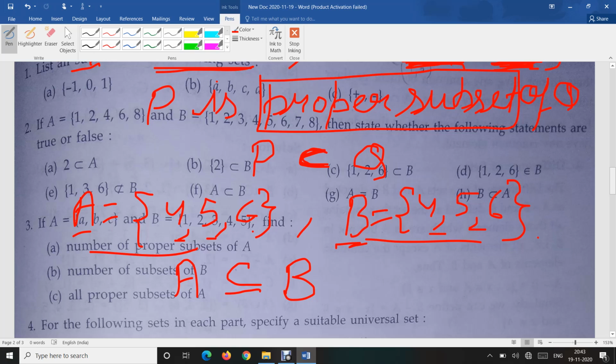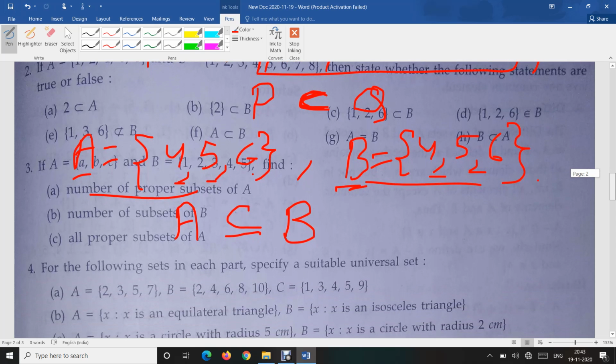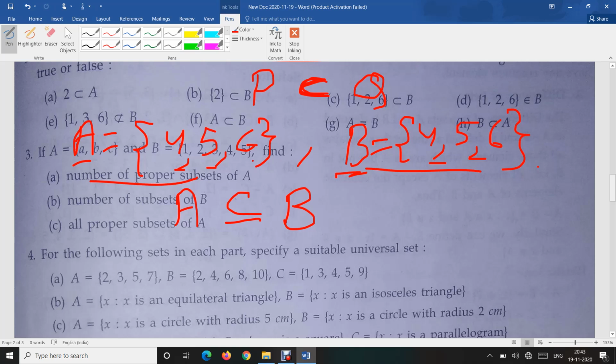Now the second one is proper subset. Is A a proper subset of B? No. A is not the proper subset of B because I told you it is necessary to have more elements other than the given set.